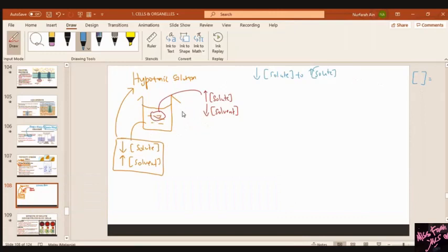Meanwhile, the inside has higher solute concentration. So water moves by the osmotic rule, from low solute concentration to higher solute concentration. Can you now tell me the direction of water movement? Yes, it moves from the hypotonic solution into the cell. Water from the hypotonic solution will diffuse into the cell that has higher solute concentration.